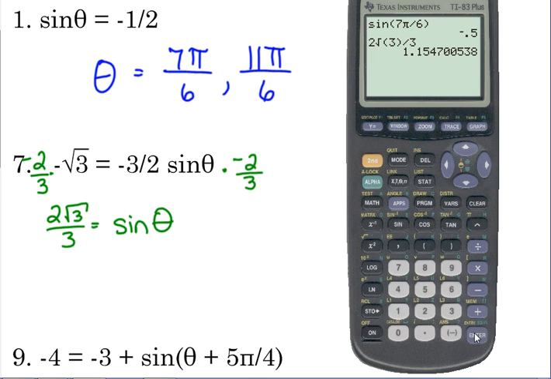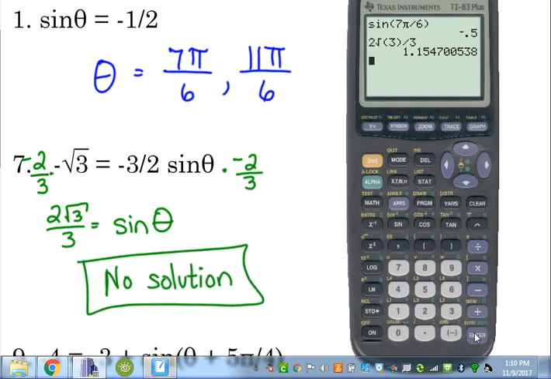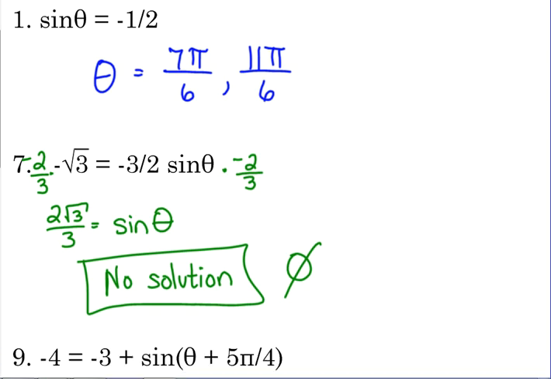As far as cosine, as far right and left as we go is positive and -1. So if this is equal to something that is bigger than 1 or less than -1, this equation has no solution. You can do the 0 with the line through it, however you want to express that. But this one has no solution.